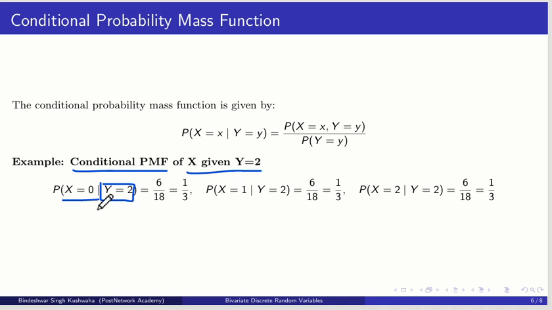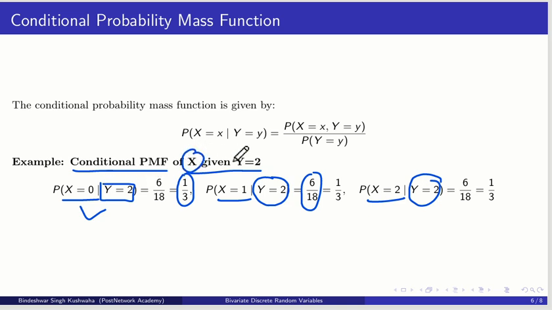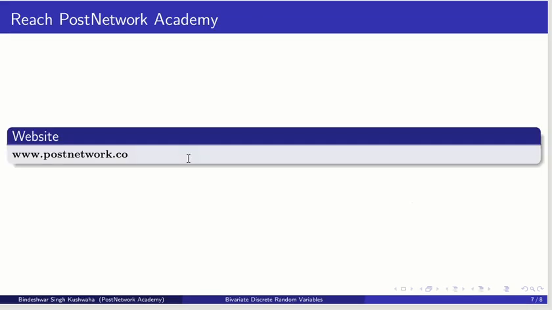So X=0 given Y=2, we will have 1 upon 3. X=1 given Y=2, again 16 upon 18. All the time Y is 2. So that is the conditional probability mass function of X given a particular value of Y.